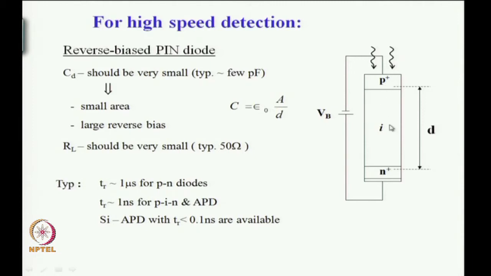We can look at this diagram here. It is a PIN diode which is reverse biased. The depletion region extends under relatively large reverse bias over the entire intrinsic region here.